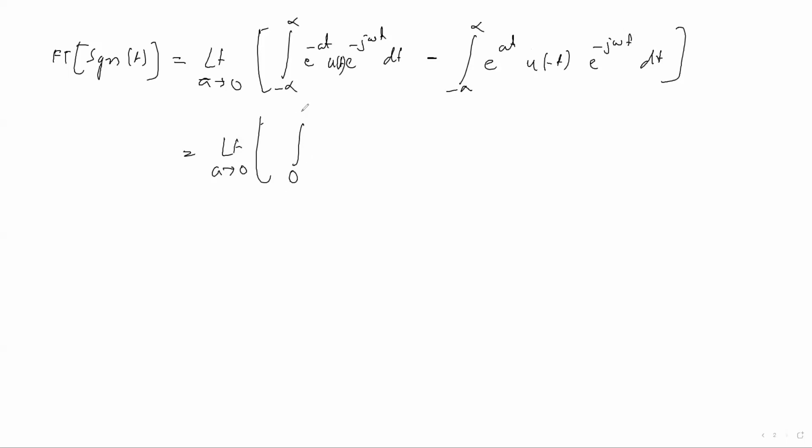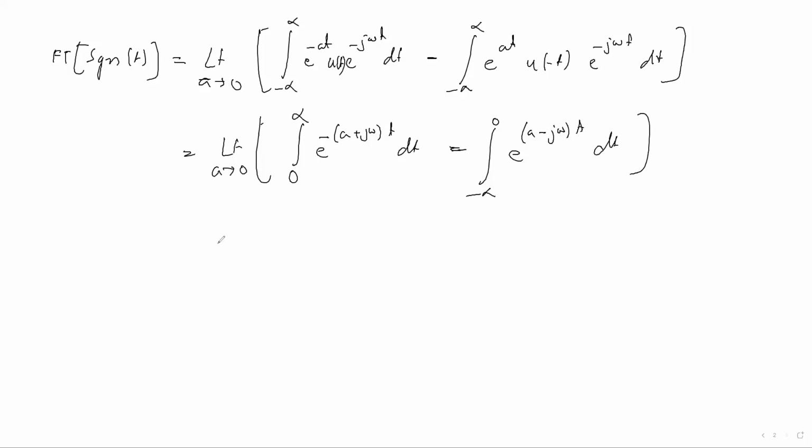So now you can write this as minus the integral of e to the power minus (a plus j omega) t dt, and here from minus infinity to 0 we get e to the power (a minus j omega) t dt.